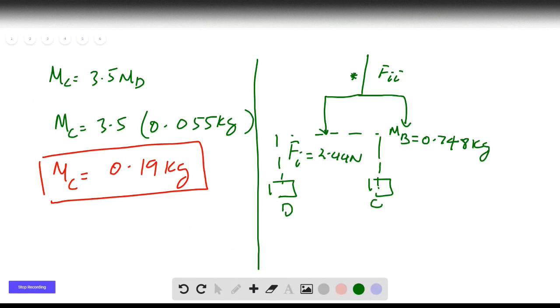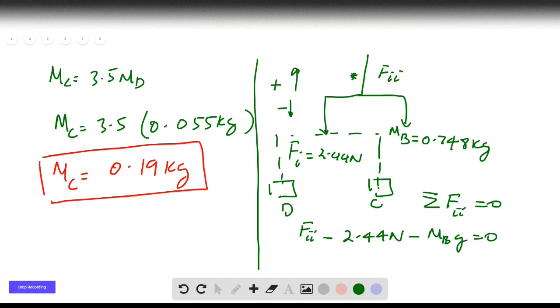So our target is to get F2. We're going to use equilibrium for forces. Remember, the net force around level 2 is 0. So F2 going upwards is positive, going downwards is negative: F2 minus 2.44 newtons minus MBg equals 0. Or you can use the variables to emphasize the relationship: F2 minus F1 minus MBg equals 0.